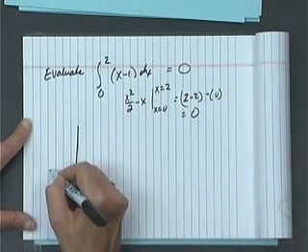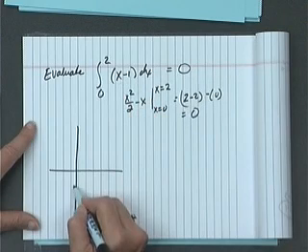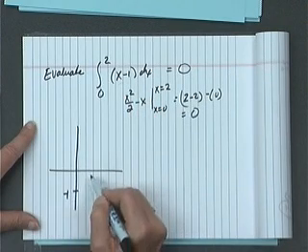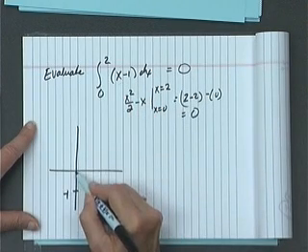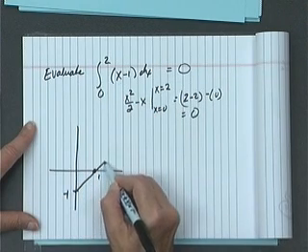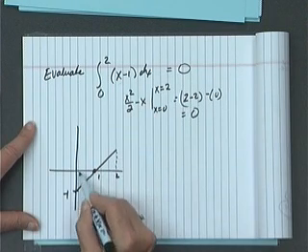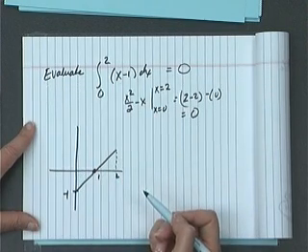What does the graph of y equals x minus 1 look like? Straight line, y-intercept is at -1. And you go up 1 over 1. And so the line looks like this if we were going from 0 to 2.